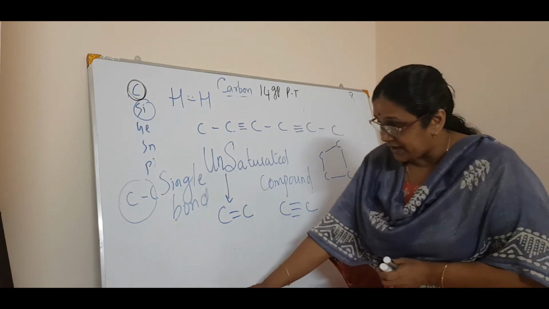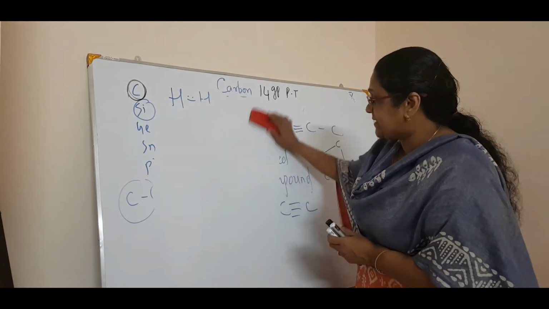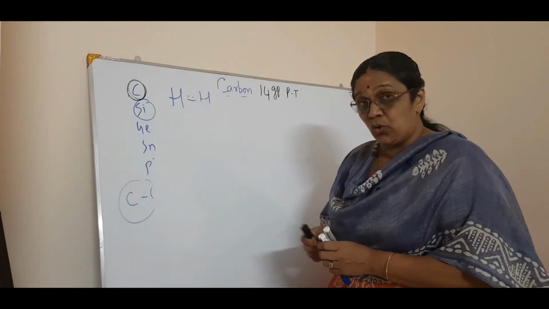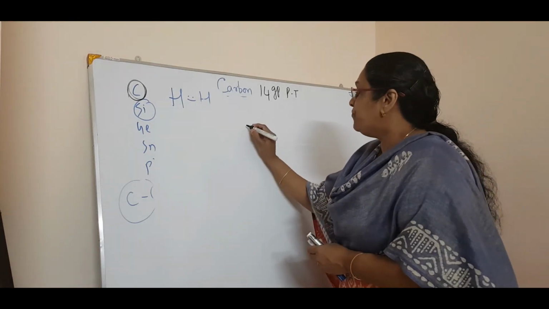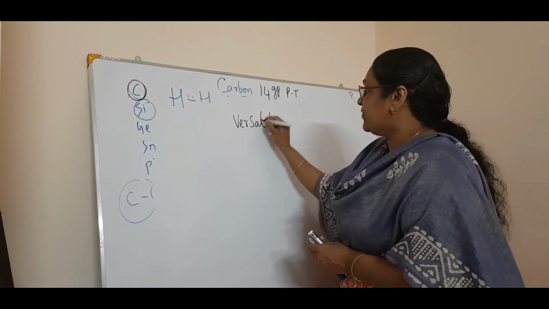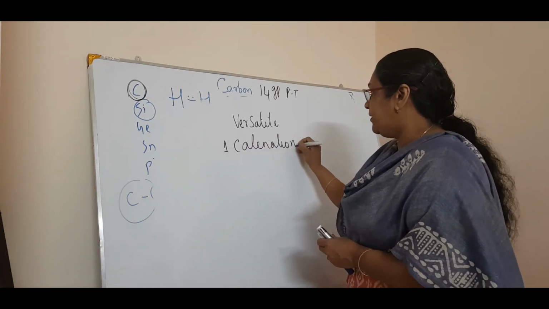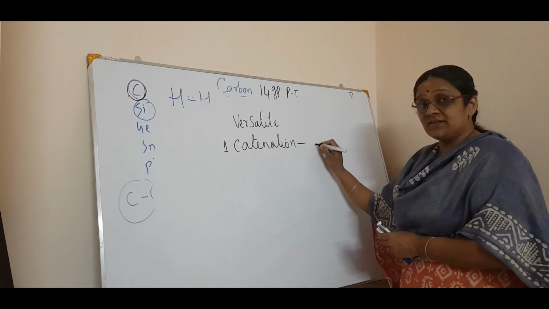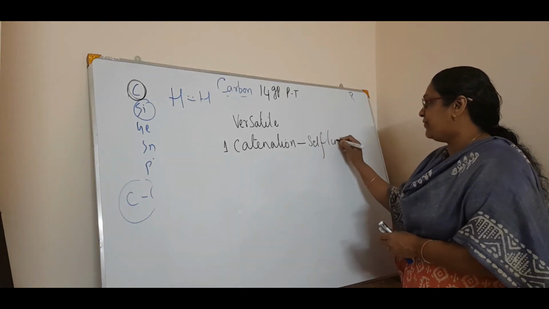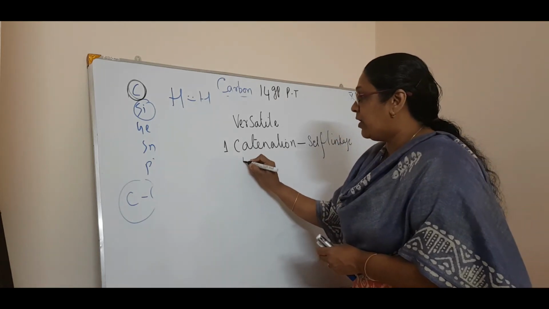Now once again, a recap of versatility. One is catenation. See, if you are writing the notes, I'll just tell you: versatile nature. First point is catenation. What is the value point? The unique ability of self-linkage. You can just write self-linkage. Now in this catenation, you have studied about what?